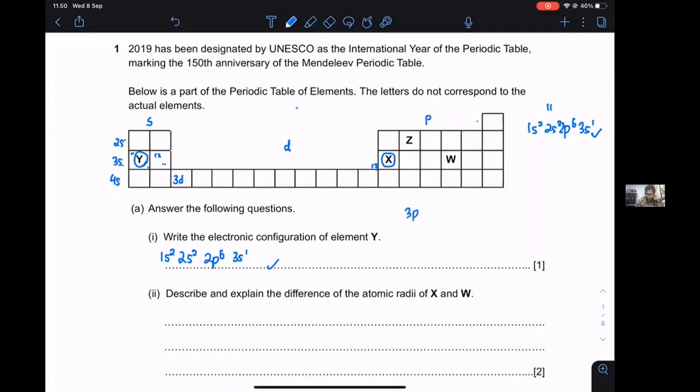So this one is also going to start from 3p, and if I put it over here, this is 3p1. So the electronic configuration for X is supposed to end with 3p1. How do I write it? 1s2, 2s2, 2p6, 3s2, and only then we go to 3p, so 3p1. This is how you write the electronic configuration. So let's move on.